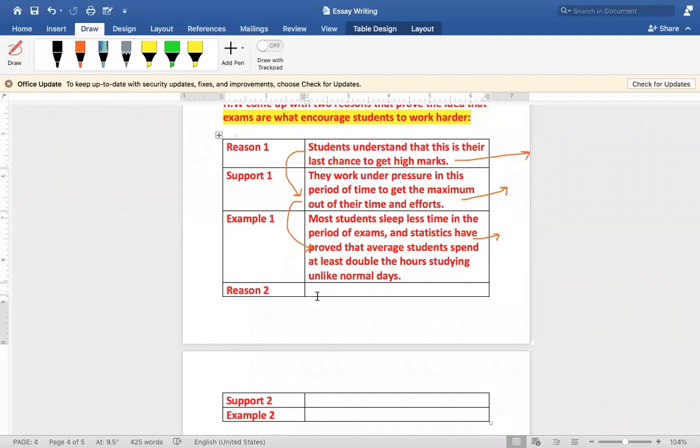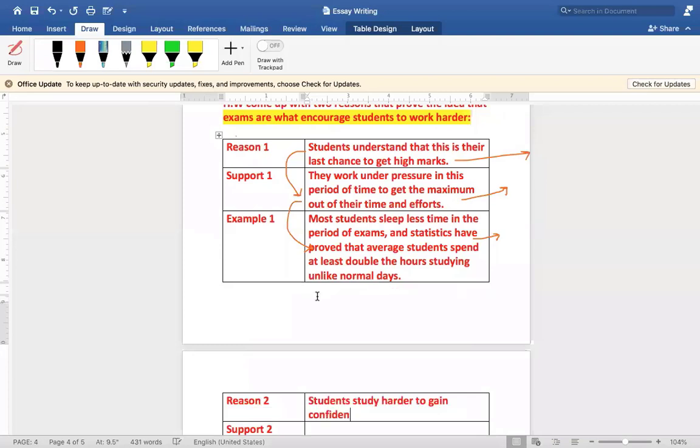Students try to study harder to gain confidence in answering the exam questions, in doing their tests. تفتكروا ده سبب تاني يا جماعة ولا لا؟ Is it a second reason?